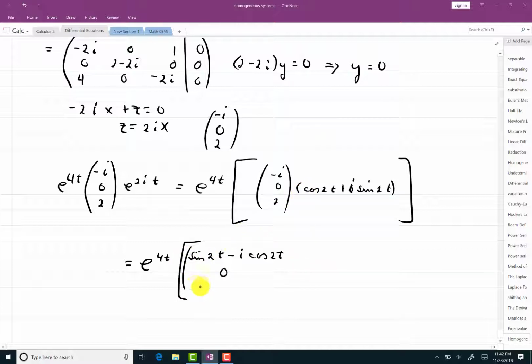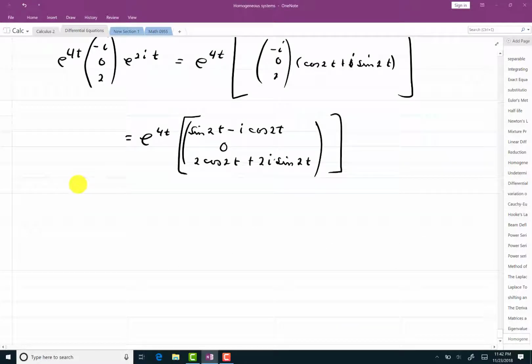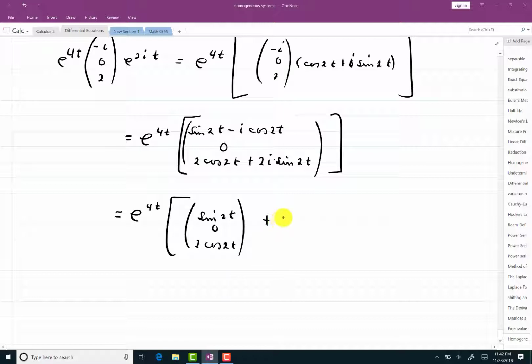And then the third piece will be 2 cosine of 2t plus 2i sine of 2t. This equals e to the 4t times sine of 2t, 0, 2 cosine of 2t, plus i times negative cosine of 2t, 0, 2 sine of 2t.